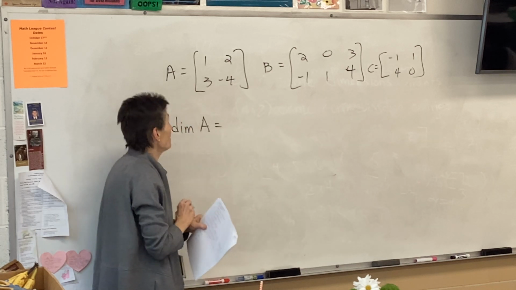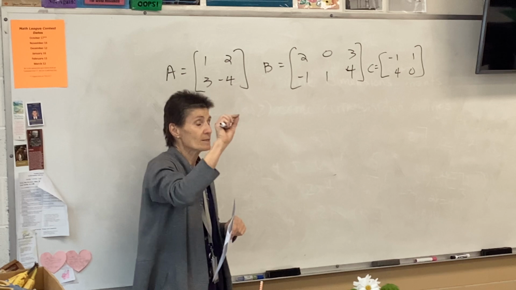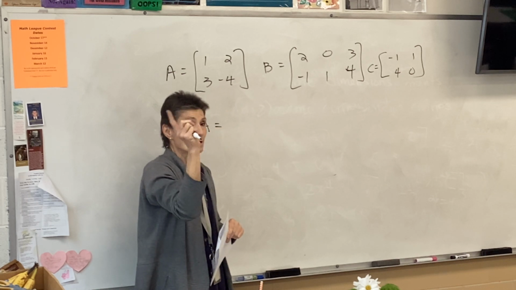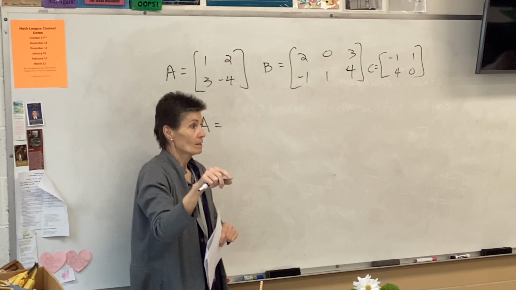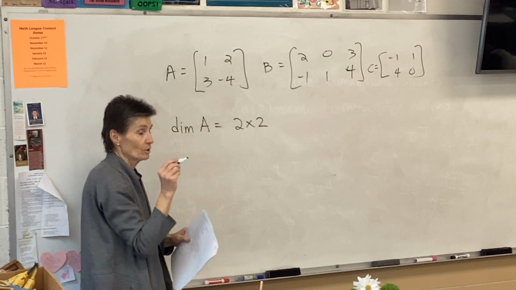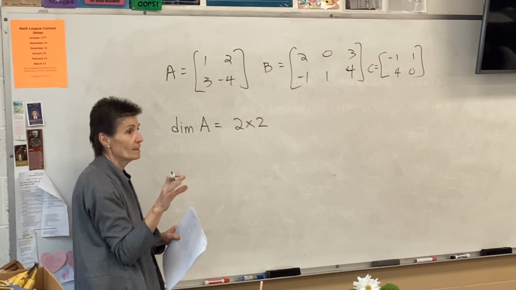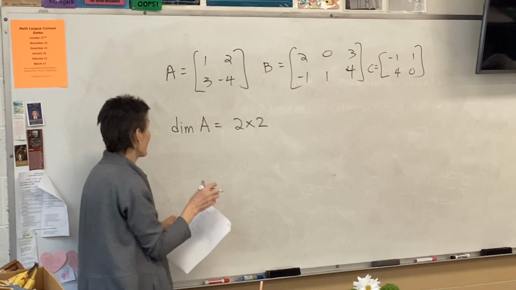How big is matrix A? Look up at your definitions. Dimensions are rows by columns, 2 by 2. And that's how you write it. It looks like 2 times 2, it's not. It's 2 by 2.